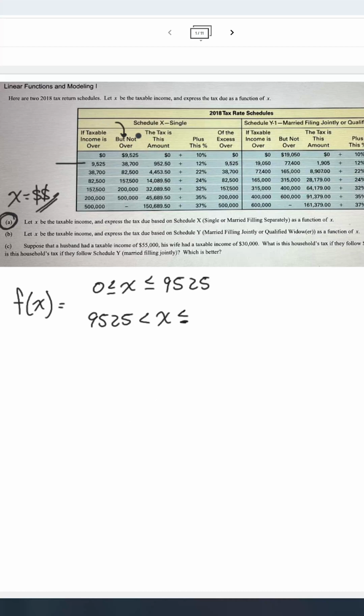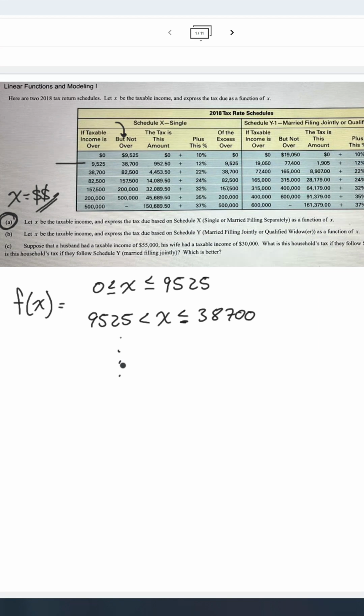Again, because it says that it can't be over this specific amount. All right, so you're going to be paying 12% of taxes as long as you are earning exactly $38,700 exactly. Right? So this is going to be the limit of this part of the function. All right? So you're going to have to keep going with the rest of them.